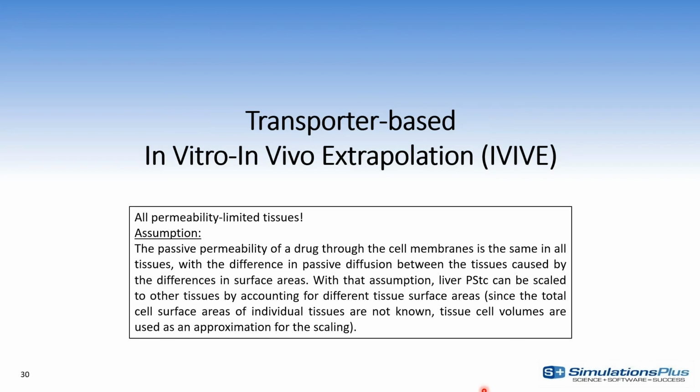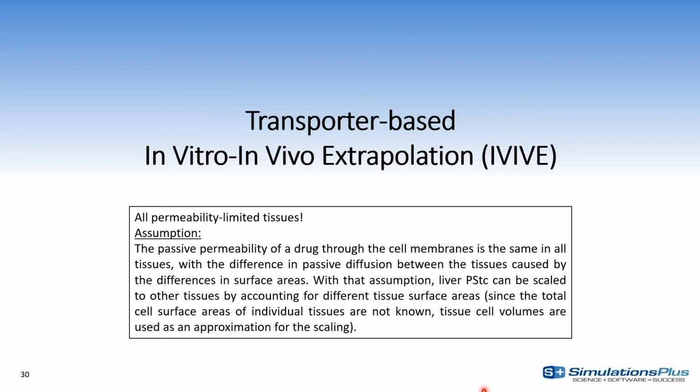A number of different approaches for this type of IVIVE have been published over the past few years. The general consensus between these published approaches is that extrapolation will usually require additional empirical scaling factors. And the common feature of these published models is that they only focus on the transporter effect in the liver.